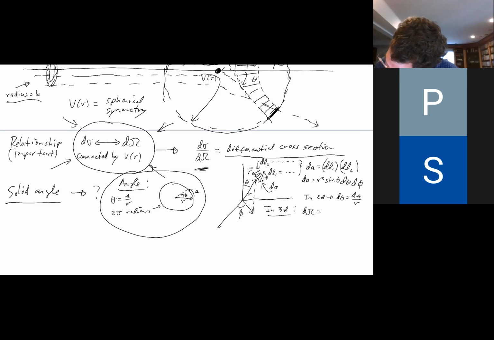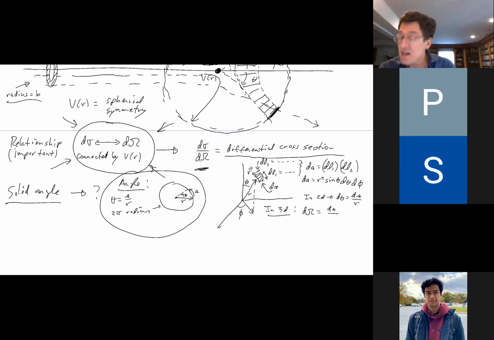So if in 2D it's ds over r, in 3D it's got to be dA over what? Somebody tell me. I'm defining a new type of angle in 3 dimensions. R squared. Yes. And what are the units? Why did it have to be r squared? Because you want it to not have any units. Yes, because angle doesn't have units. That's exactly right. So that is the definition of solid angle.